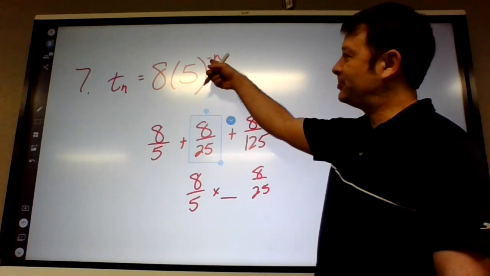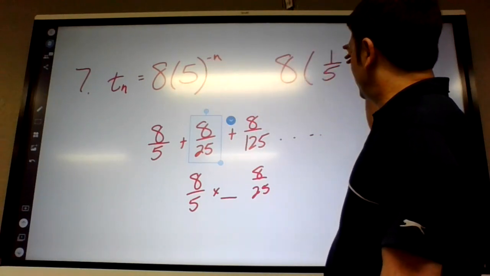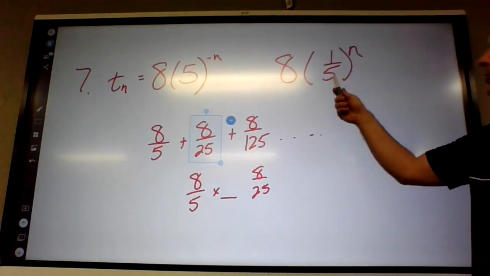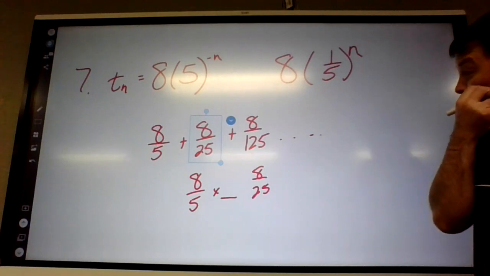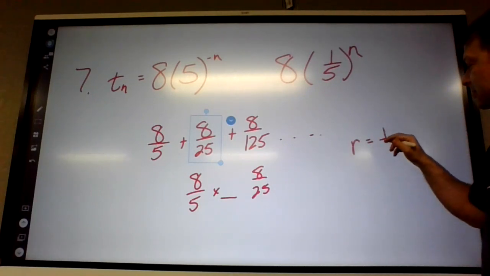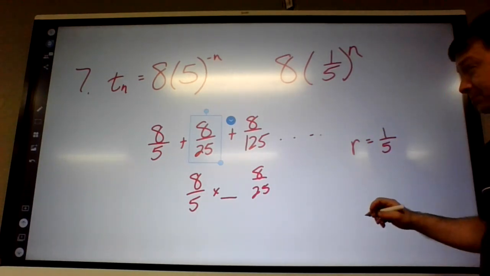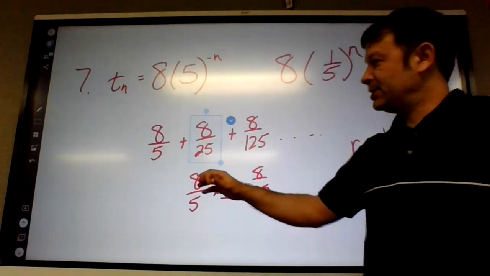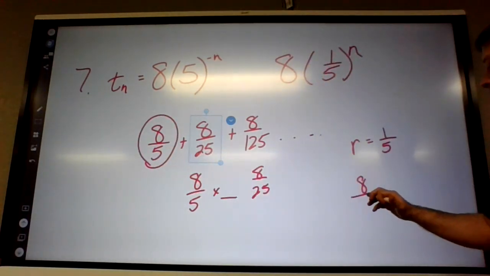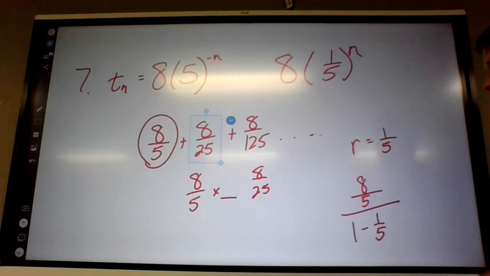The negative in the exponent, basically it flips the 5 upside down, so it would be the same thing as that. Anyway, the 1/5 is what we're multiplying by over and over again. So that would be the common ratio. So T sub 1 is that one, over 1 minus 1/5.